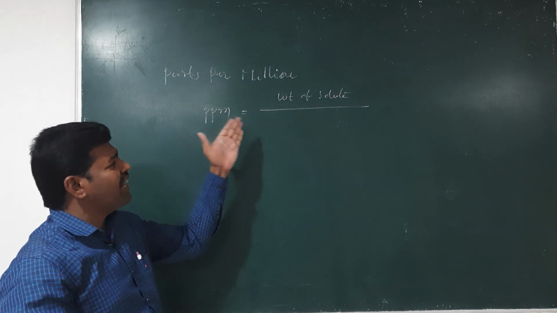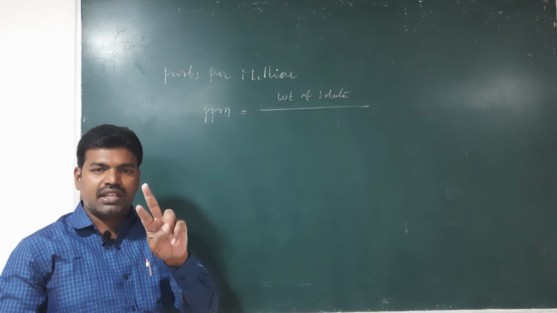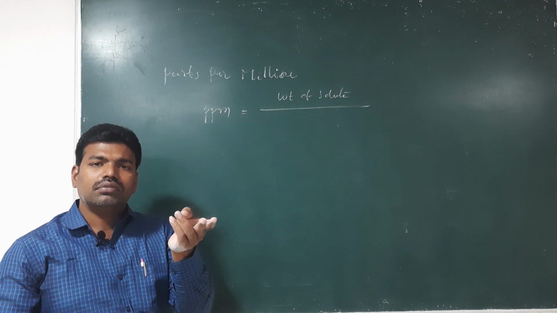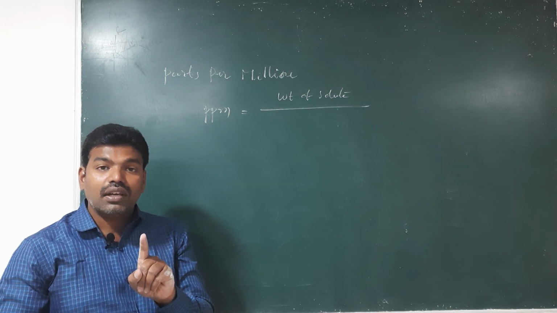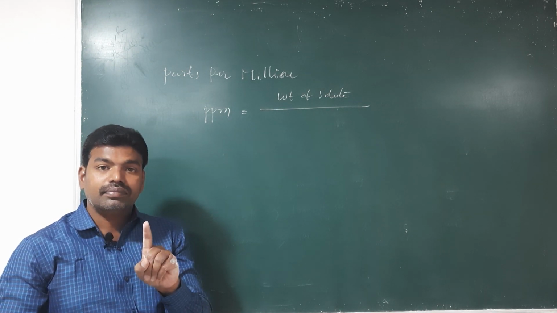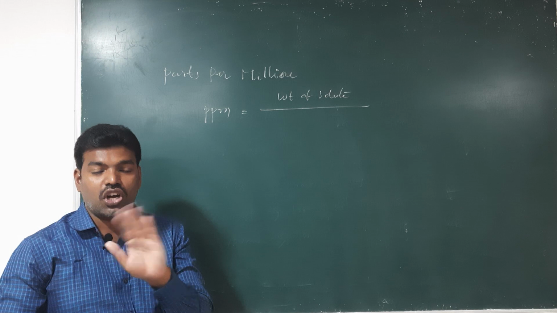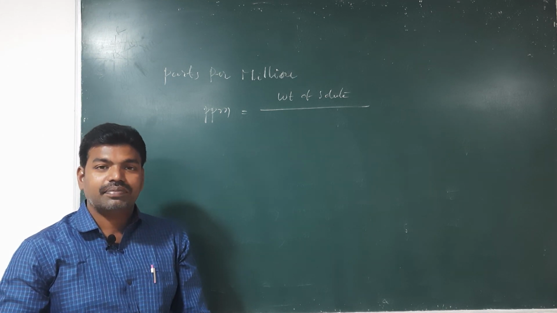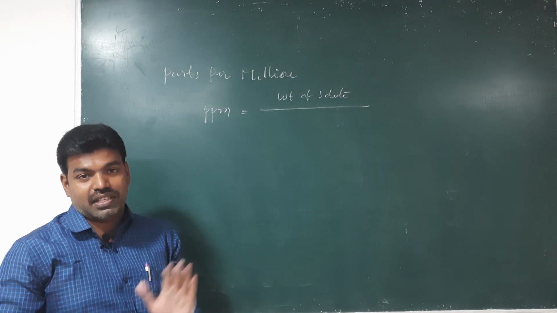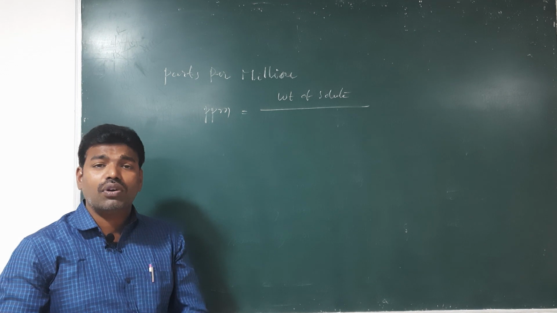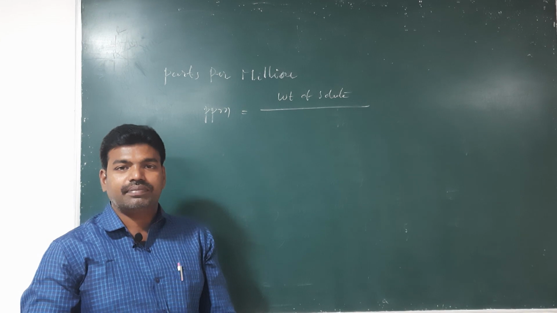Usually we can use weight and mass interchangeably in chemistry, but in physics we cannot use the terms weight and mass as synonyms, because weight is equal to mg and there is no impact of gravitational force on mass.